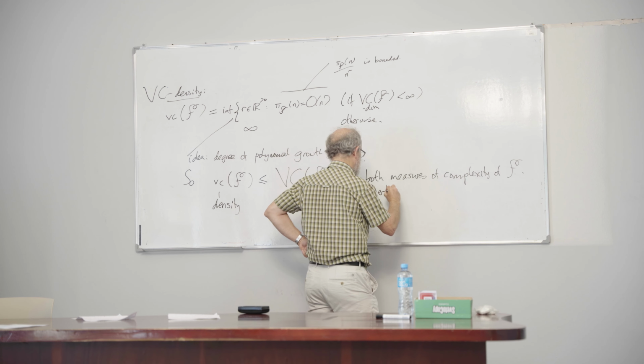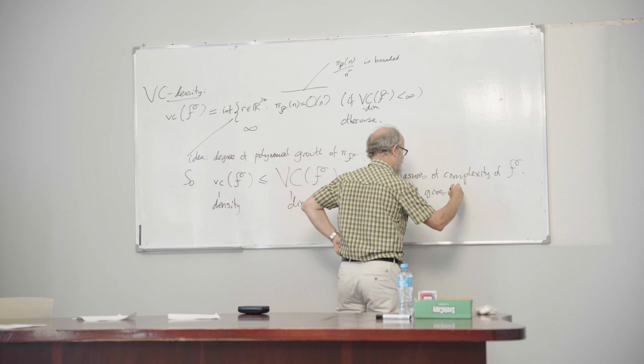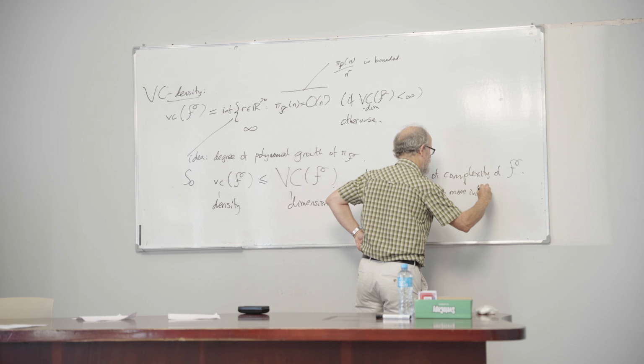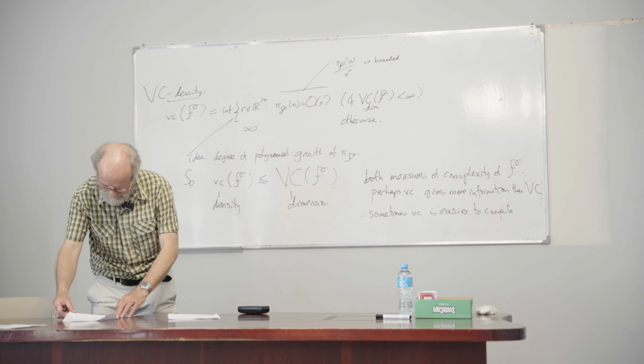Perhaps little vc gives more information than capital VC. And also, sometimes little vc is easier to compute. At least in things coming from model theory, we seem to have more methods for finding VC density. So that's sort of the background on this.